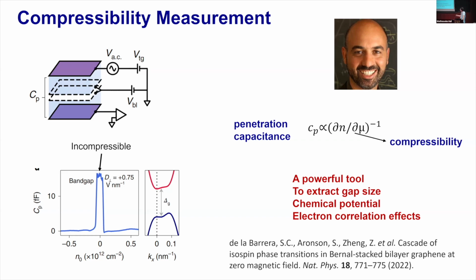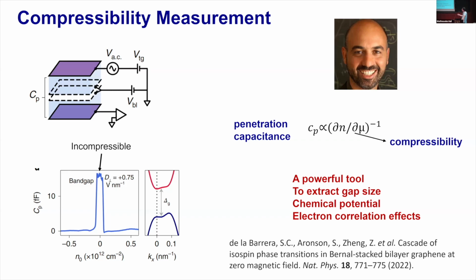If the layer in the middle is a very conducting layer, like a metal, then when you modulate the gate voltage on the top gate, the electric field will get screened by the metal. So the electrons in the bottom gate feel nothing. They just don't do anything. In that case, you get a small penetration capacitance.